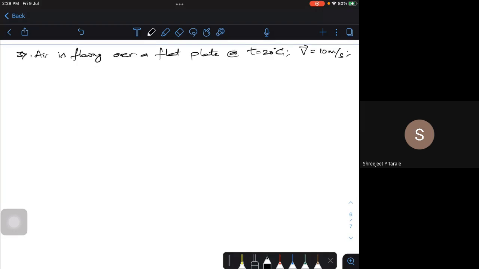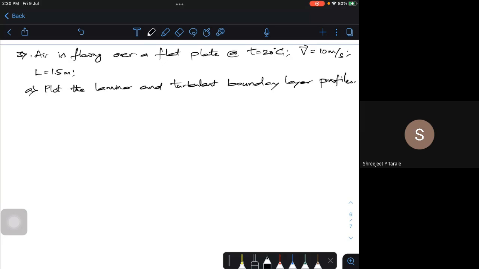Then what type of plate is it? Is it a smooth plate or rough plate? I can say it's flowing over a flat plate. So let me define the length of the plate. Let it be 1.5 meters or 2 meters, whatever it may be, I can define some number. For this one, plot the laminar and turbulent boundary layer profiles.